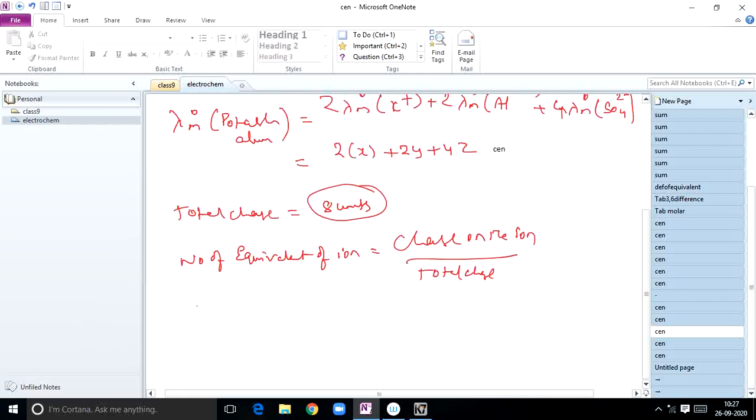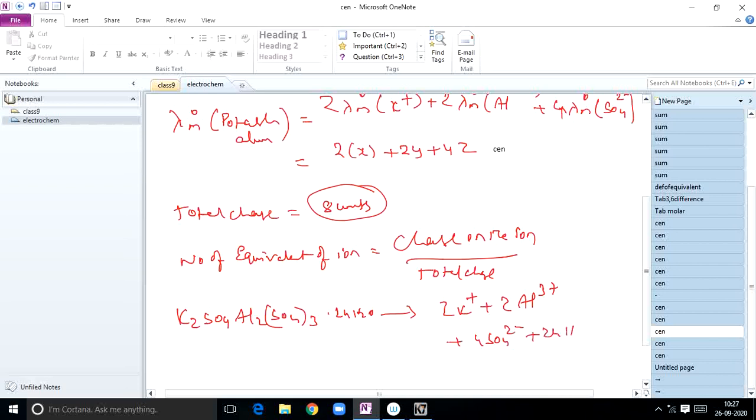So if you split that K2SO4 Al2(SO4)3 24H2O, it splits into 2K plus, 2Al3 plus, 4SO4 2 minus plus 24 water molecules.